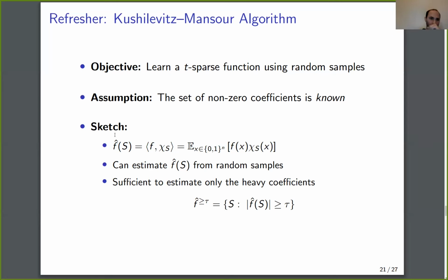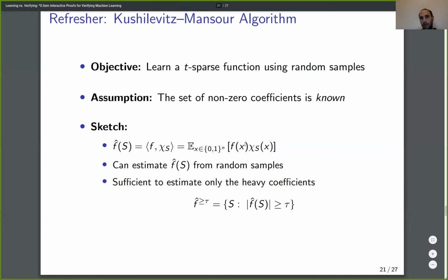So what happens is that the Fourier coefficient of f is basically the projection of the function f on the character, or the inner product between them, and inner product in this context is defined to be expectation. And so the Fourier coefficient of s that we want to estimate is actually defined to be an expectation of some random variable, which is the product of f and chi of s.